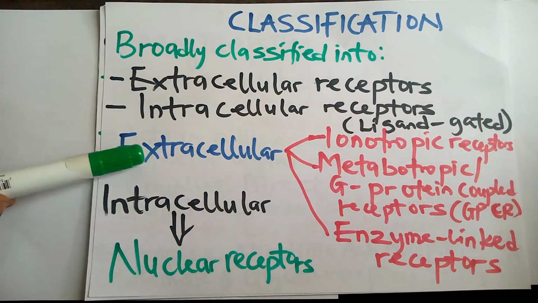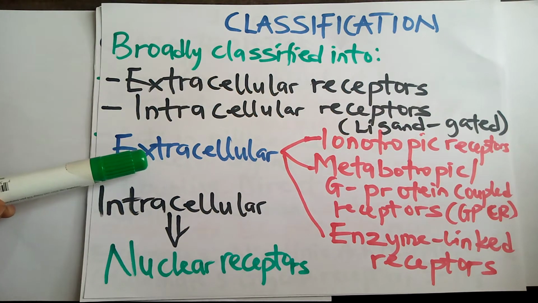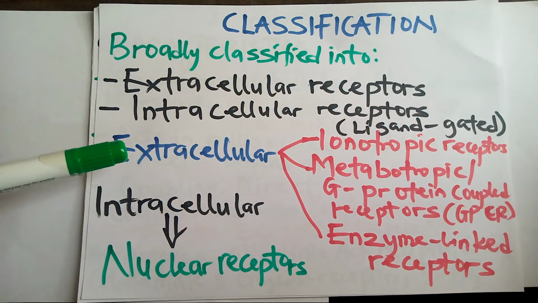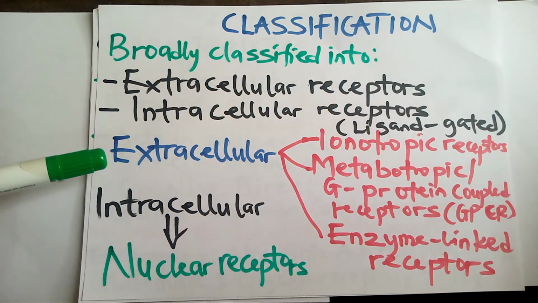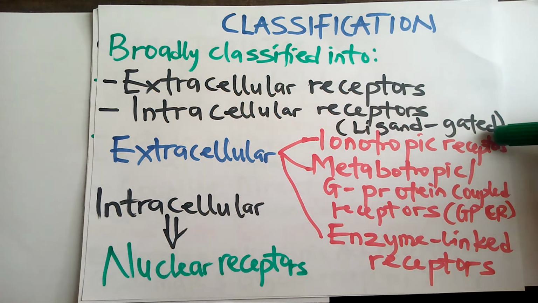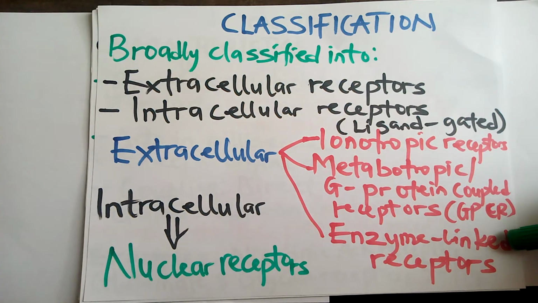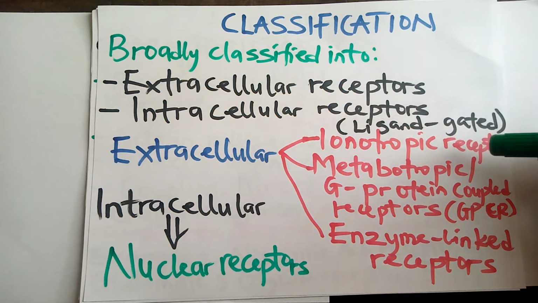The extracellular receptors are divided into three major groups. Don't forget that the extracellular receptors are also called the surface receptors, and they're subdivided into ionotropic receptors, metabotropic or G-protein-coupled receptors, and enzyme-linked receptors.